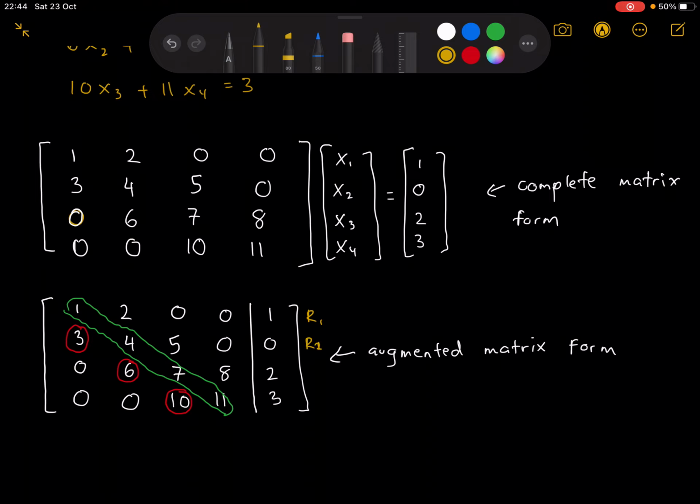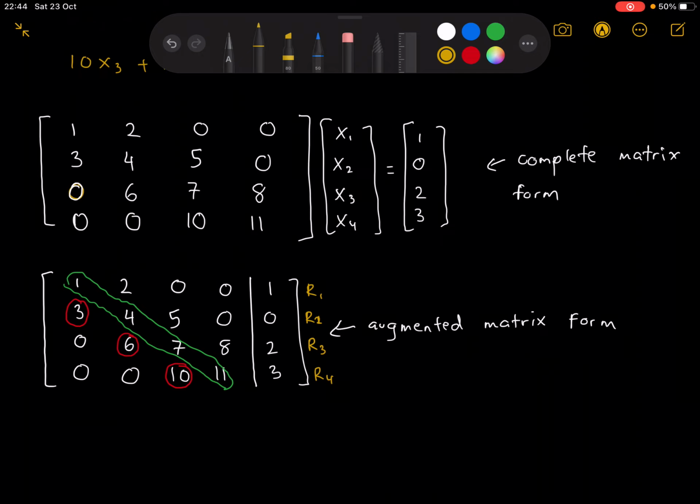R1 is row 1, R2 is row 2, R3 is row 3, and R4 is row 4. We start with the first column and make this one 0. Once we have changed R2, then we change the next one to 0 if we got any number here which is not 0. So we do it row by row, and then you move to the next column.